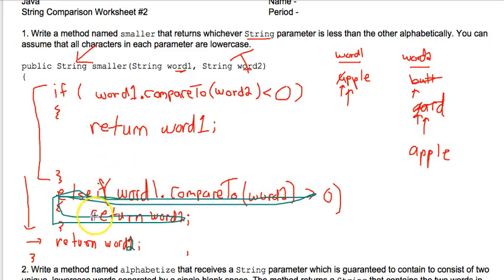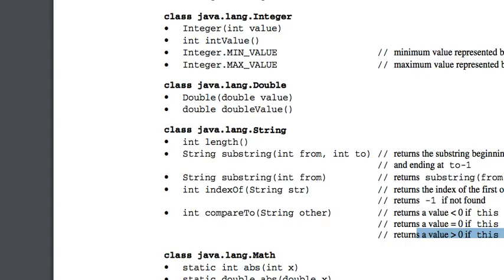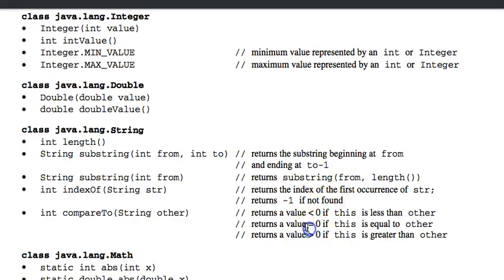If you don't like the else, you could also always do compareTo double equals 0 here. So if you had else if word1.compareTo(word2) double equals 0, that just takes advantage of the fact that in the API, you are guaranteed that the compareTo method returns a specific integer value 0 if the two parameters are equal to each other.